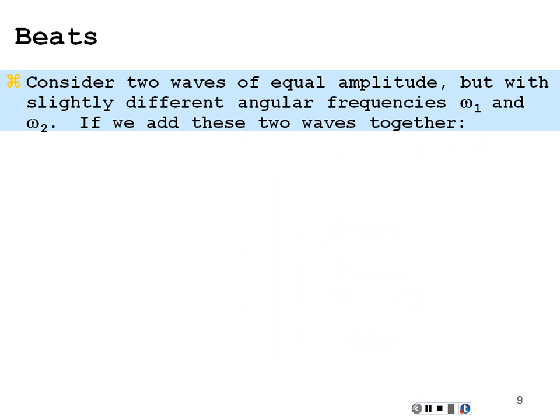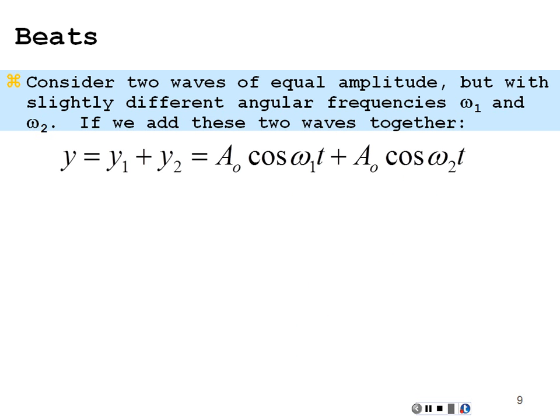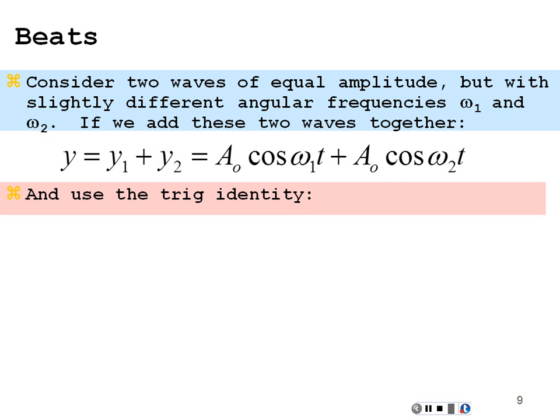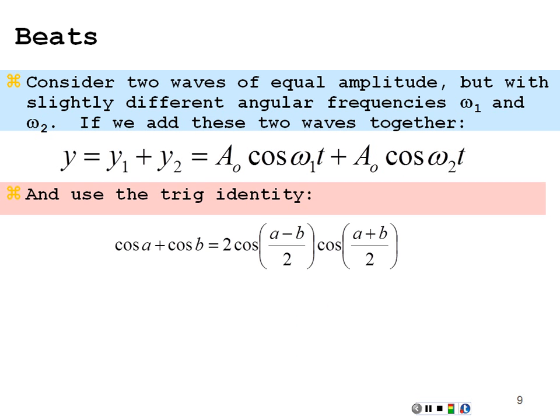Beats. Consider two waves of equal amplitude, but with slightly different angular frequencies, omega 1 and omega 2. If we were to add these two waves together, a naught sine or cosine omega 1t plus a naught cosine omega 2t, we're going to use the trig identity, cosine A plus cosine B equals 2 cosine A minus B over 2 times cosine A plus B over 2.